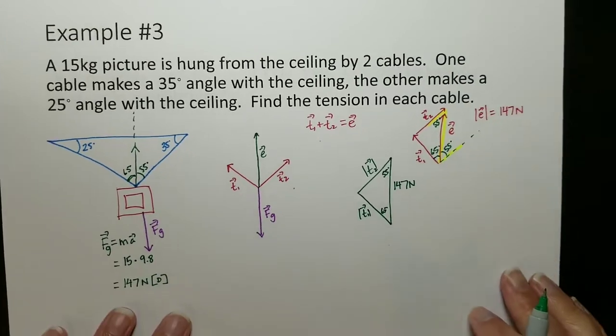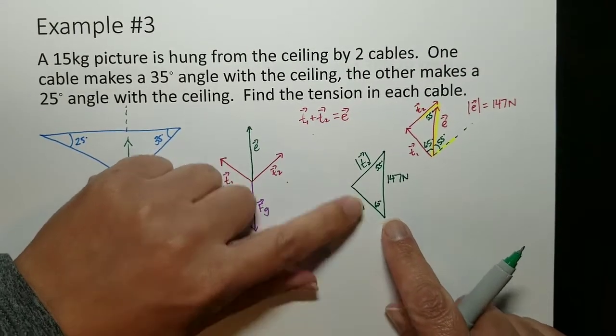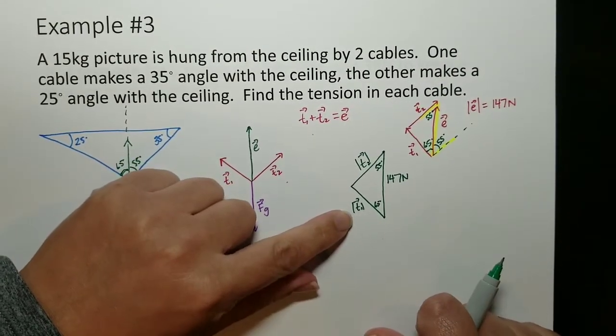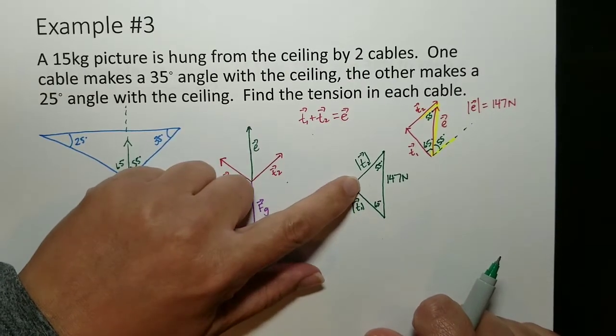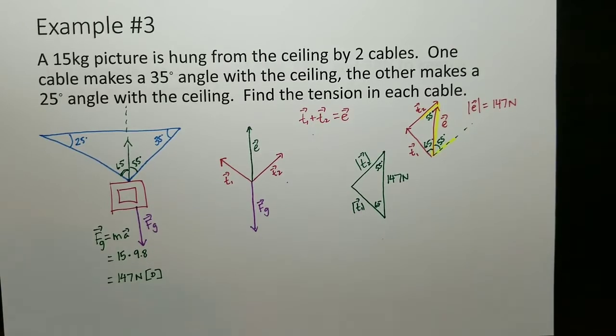Okay? So we're going to have to find the magnitude of each tension, and that's going to be with the sine law. So I will figure out that biggest angle. What am I doing here?